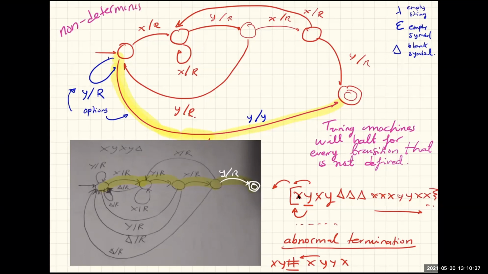And in the second, what happens if we have XY, blank symbol, XY? Is this the pattern or not the pattern? No, this is not the pattern because it's broken by this one.